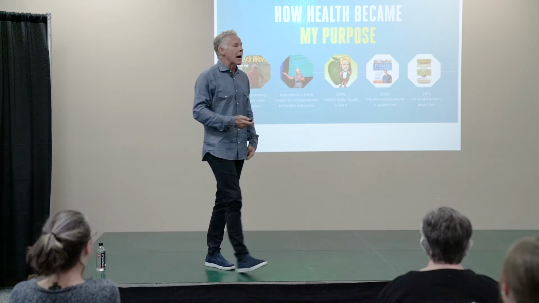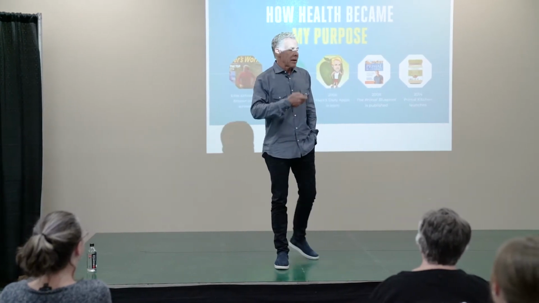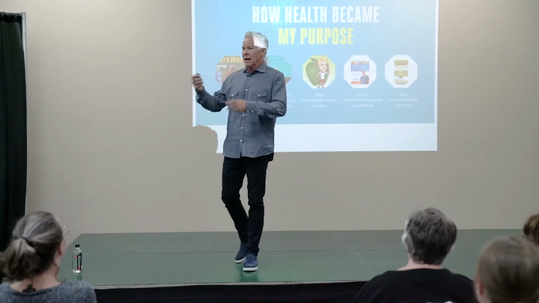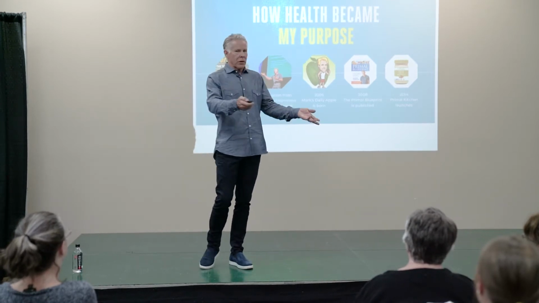So I was writing so much about food, and I was putting up recipes every Saturday, and I was writing about how to make your own mayonnaise and how to make your own ketchup and how to make things that you couldn't find in the store, so you may as well make it yourself at home.